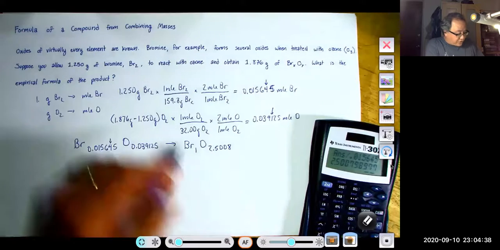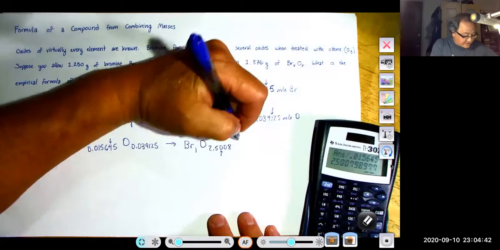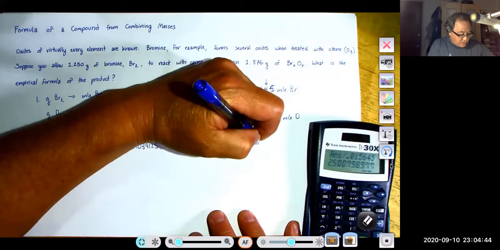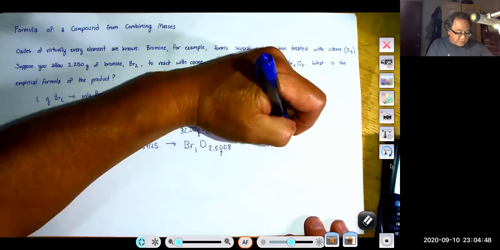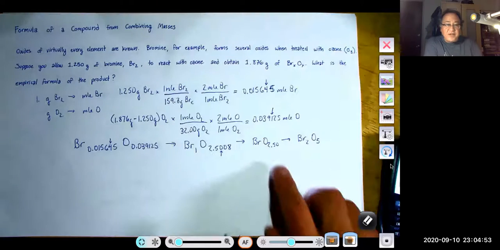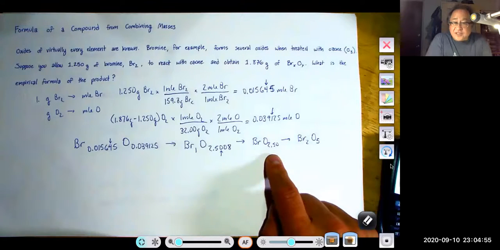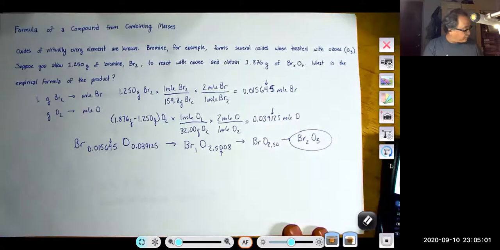And this is going to be good to right there. So that means we get bromine, oxygen 2.50, which becomes Br2O5, because you can't have a fraction as the number of atoms that you have. So that is the empirical formula of the compound.